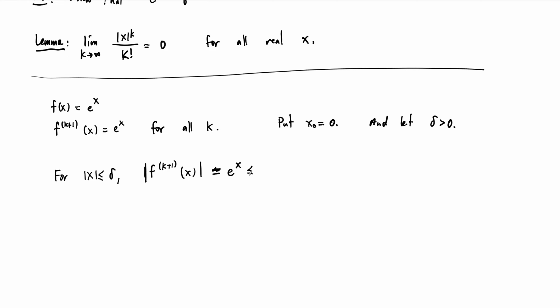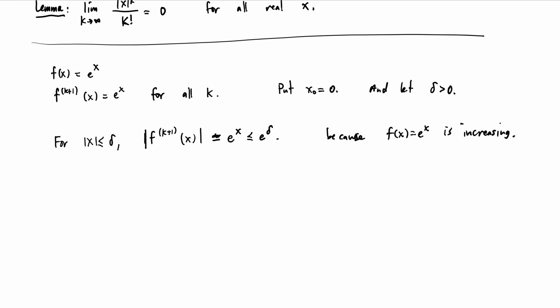I kind of jumped the gun there, because what we're going to say is that if x is less than or equal to delta, then e to the x is also less than or equal to e to the delta. Okay, and this is because f of x equals e to the x is increasing.